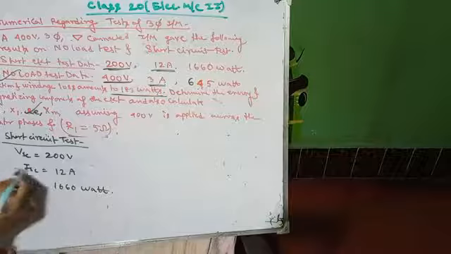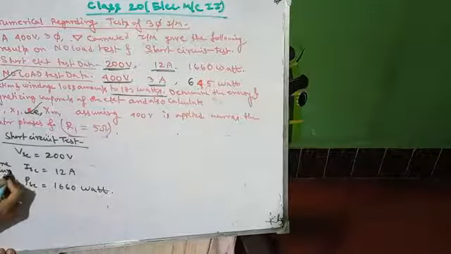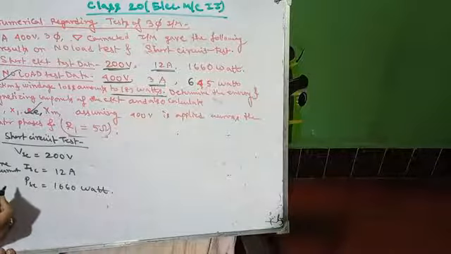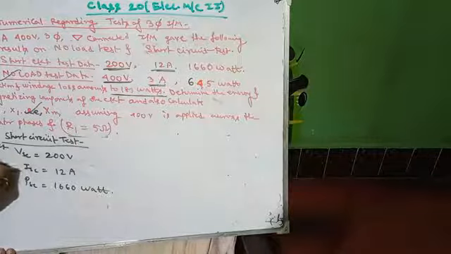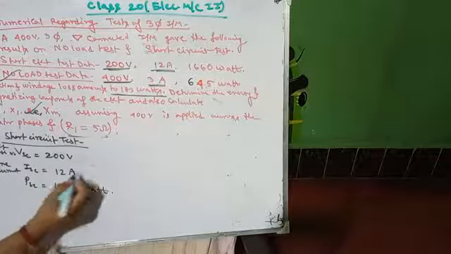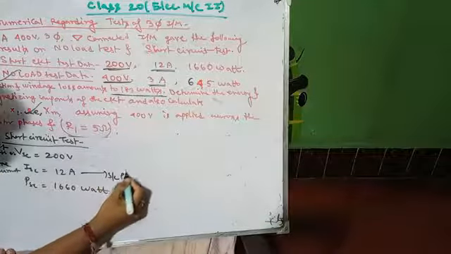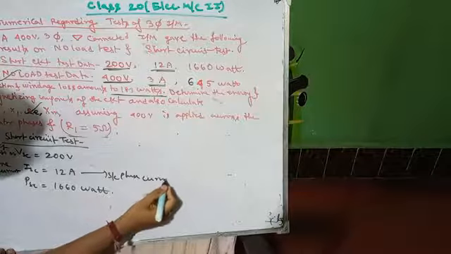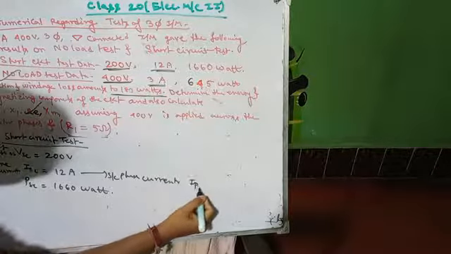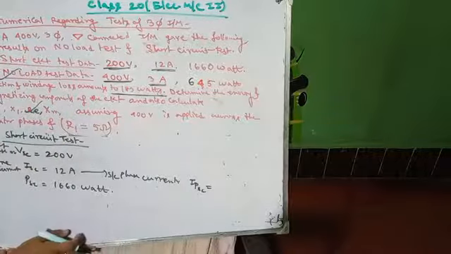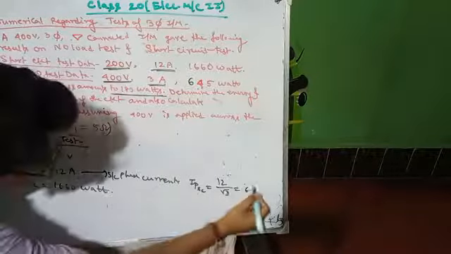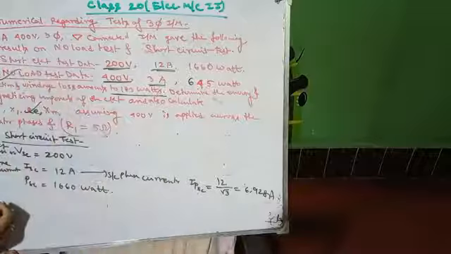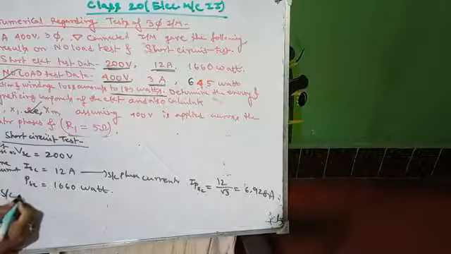Okay, so this is a line current, short circuit line current. Short circuit phase current I_PSC equals 12 by root 3. That will be 6.928 ampere.